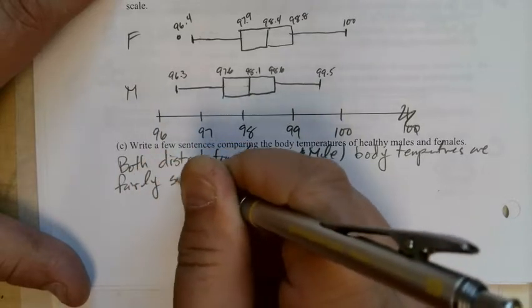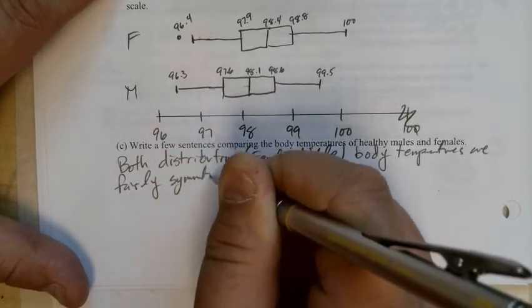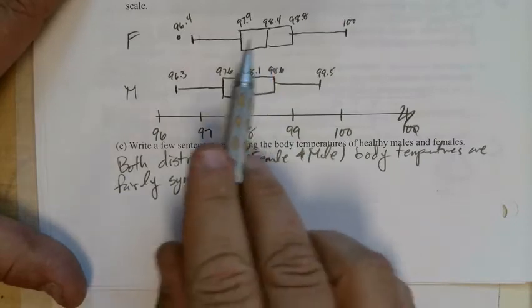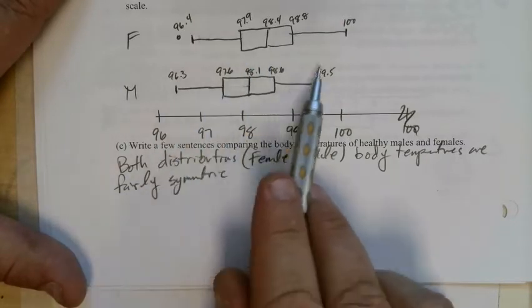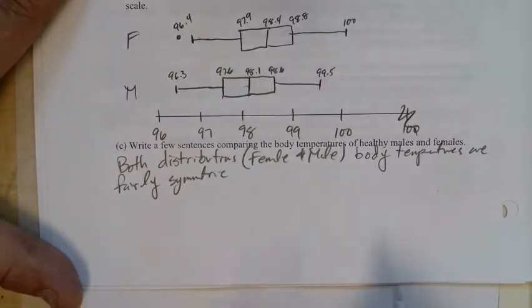They're not perfectly symmetric, but they're pretty close, right? And I look at these, the boxes are pretty darn symmetric. The tails are pretty symmetric. These are, even with that outlier, pretty symmetric.